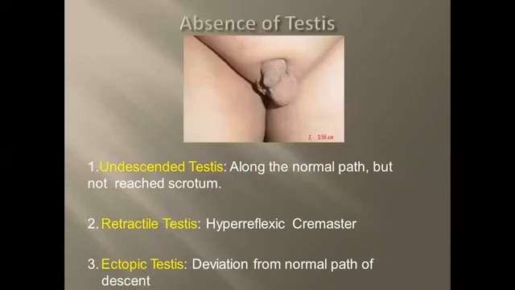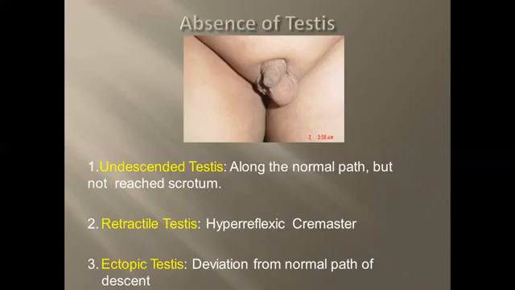At times, the testis is congenitally absent. During intrauterine life, there is ischemia of the testes, and it is not there. Apart from that, there are different varieties of testicular disease: undescended testes, retractile testes, and ectopic testes.